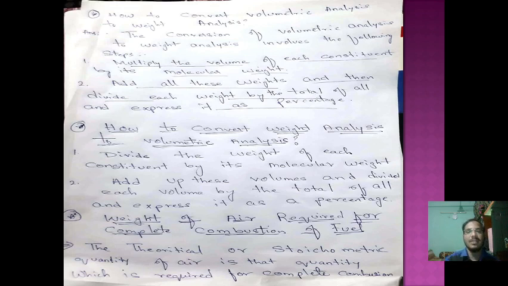Similarly, if we are taking 5 chemicals with weights 10, 20, 30, 40, 50, the total is 150 and the percentages are calculated as 10 by 50, 20 by 50, 30 by 50, 40 by 50, 50 by 50. Okay.